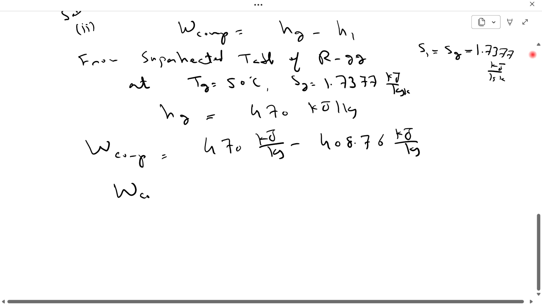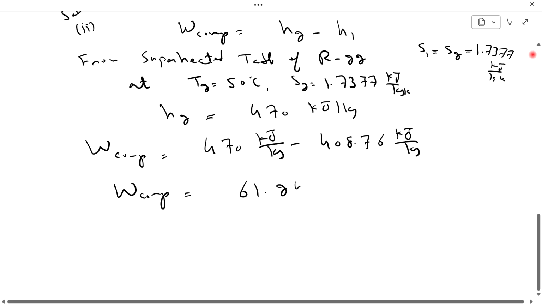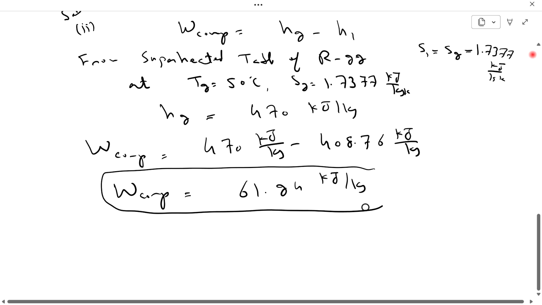So the work of compressor is equal to 61.24 kilojoule per kg.